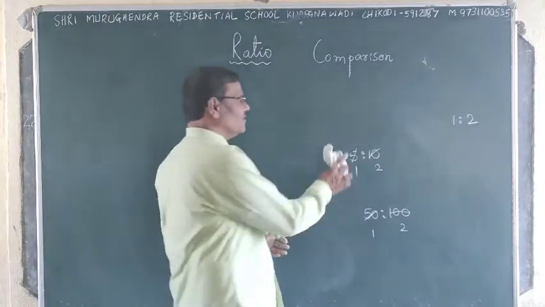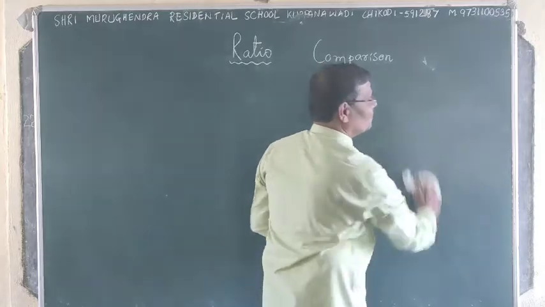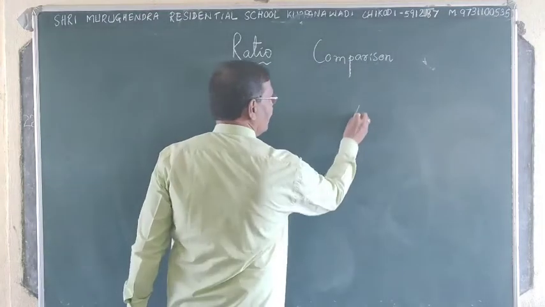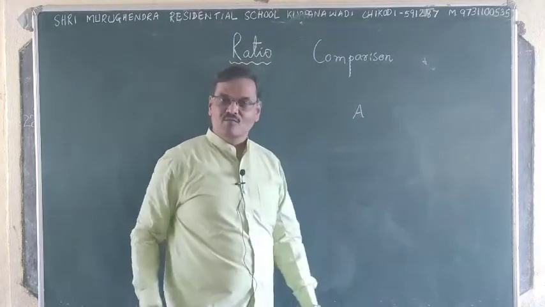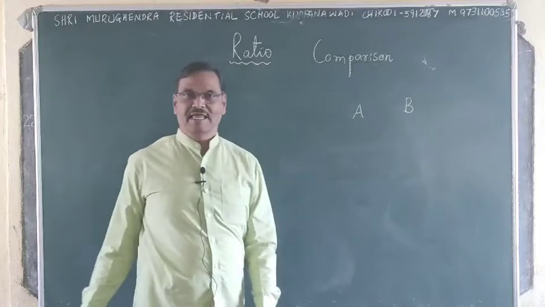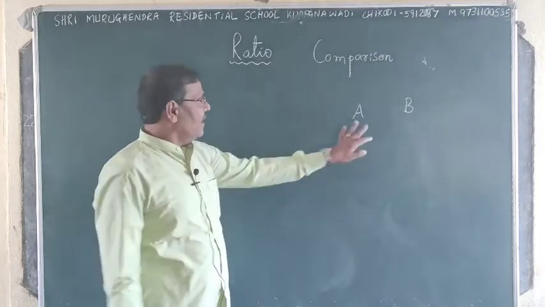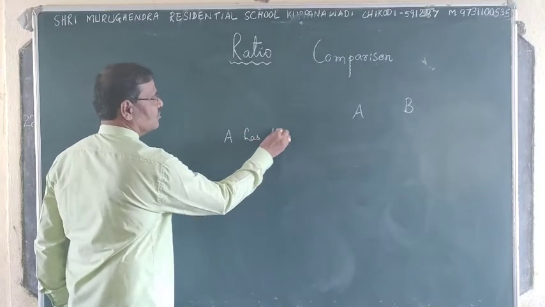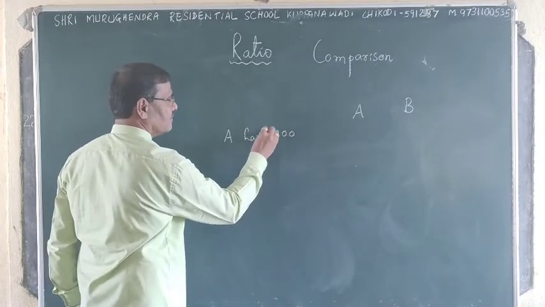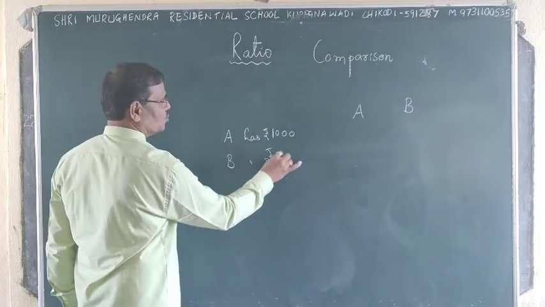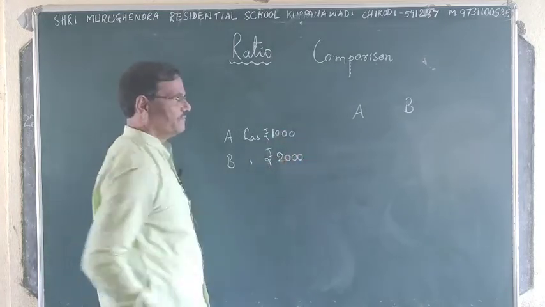Then what is this 1 is to 2? See, A is one boy and B is one boy. A has 1,000 rupees, whereas B has 2,000 rupees.